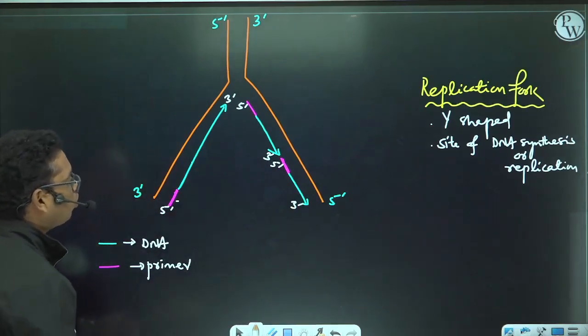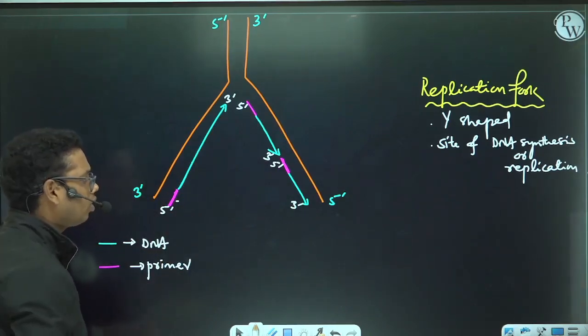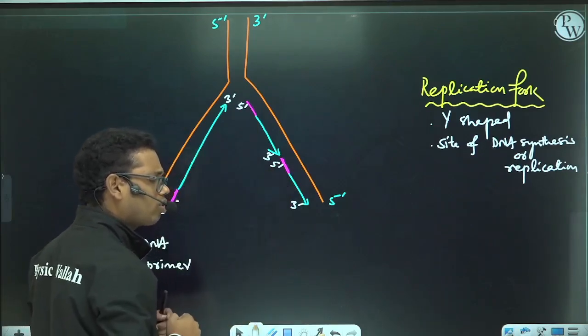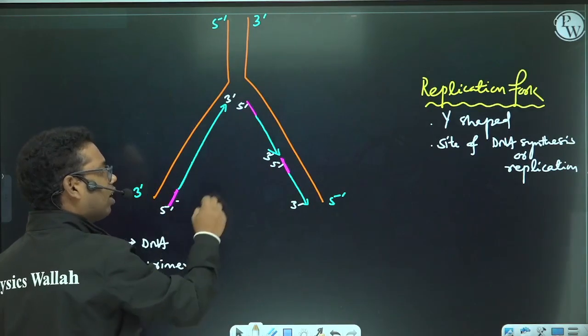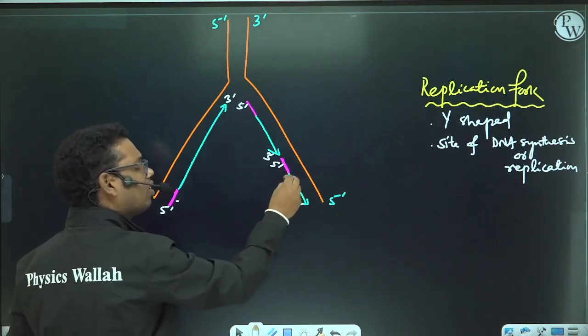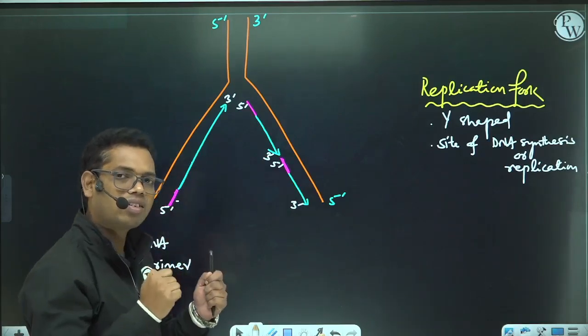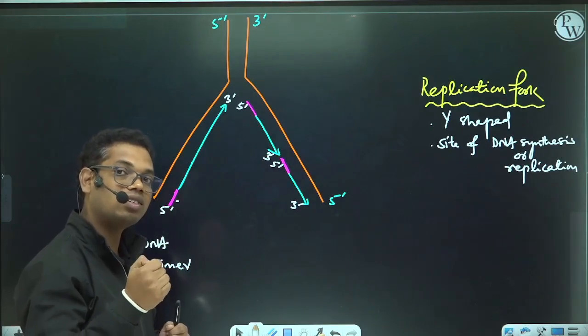The synthesis of the daughter strands, this daughter strand and this daughter strand, do not start simultaneously. The synthesis of this strand starts earlier and the synthesis of this strand starts later.